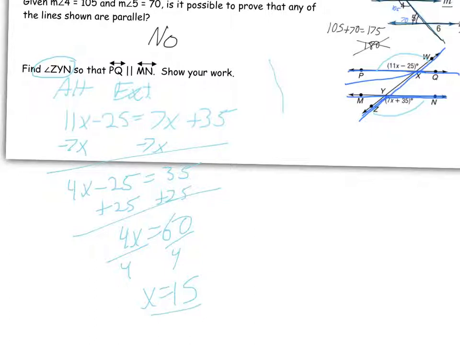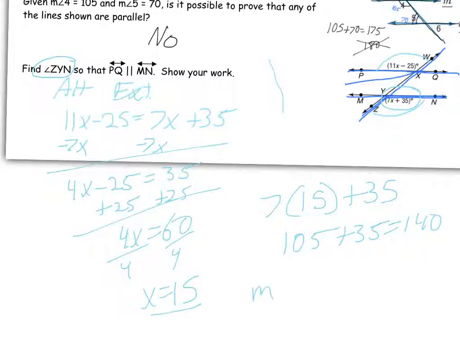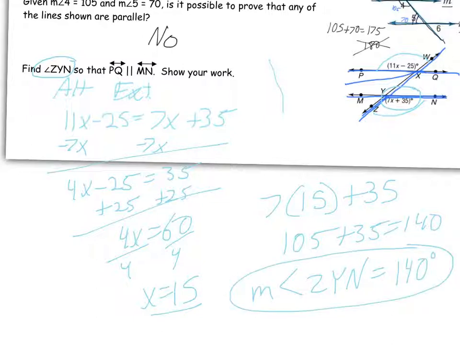Well, for lines to be parallel, x would have to be 15. Here's ZYN, so that means 7 times x, which is 15, plus 35. 7 times 15 is 105, plus 35 equals 140. So the measure of angle ZYN would have to be equal to 140 degrees in order for those two lines to be parallel.